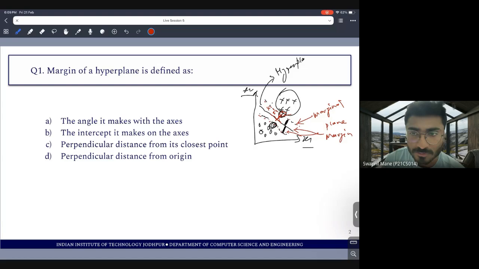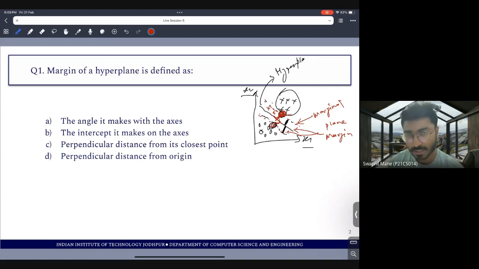So as we have seen in this explanation, we got the answer directly, which is option C. It states clearly the perpendicular distance from the closest point. It defines that as the margin of a hyperplane. Okay, so this is the perpendicular distance we are calculating from this closest point.